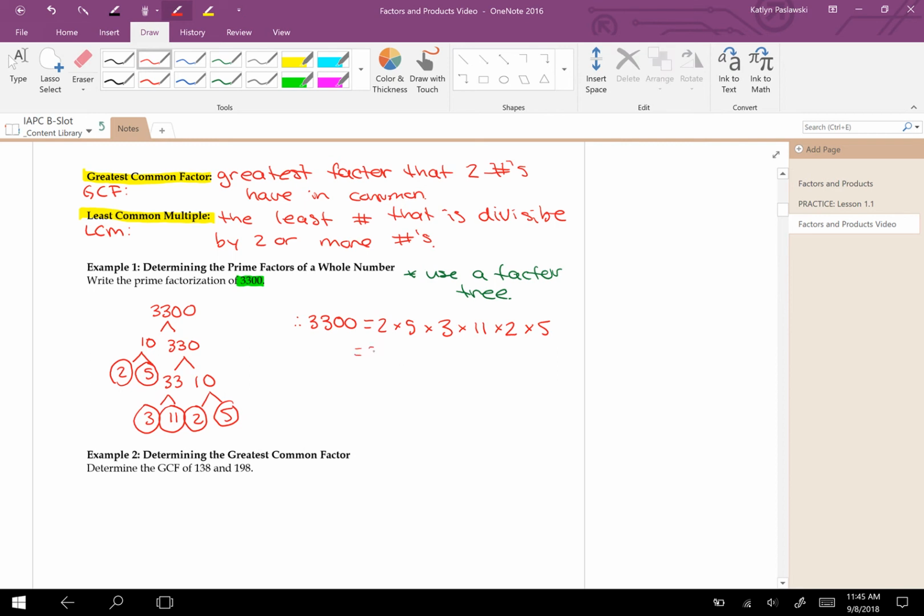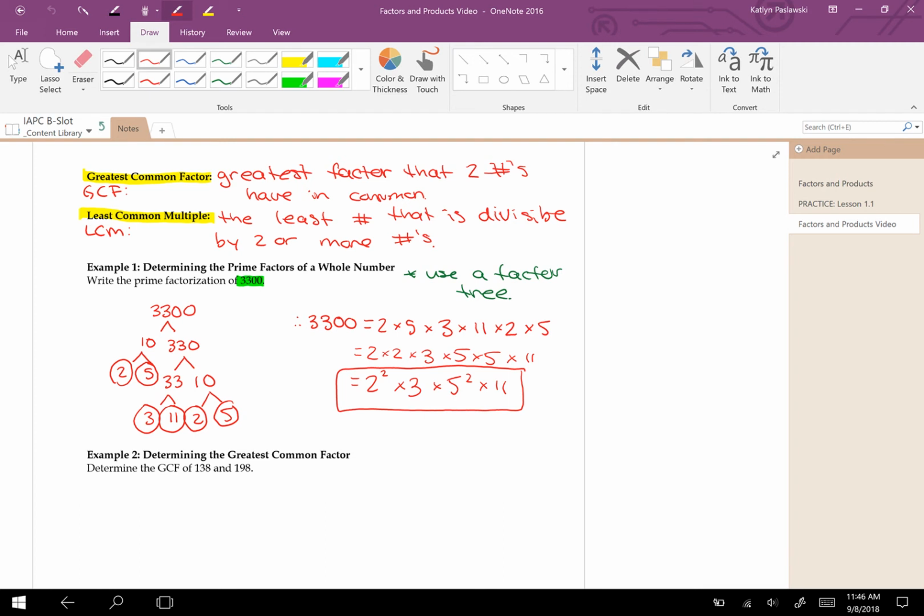We have 2 times 2, so I'm going to put the like numbers beside each other. Times 3 times 5 times 5 times 11. And now I can write these as exponents. 2 to the power of 2 multiplied by 3 multiplied by 5 to the power of 2 multiplied by 11. So here we have the prime factorization of 3,300.